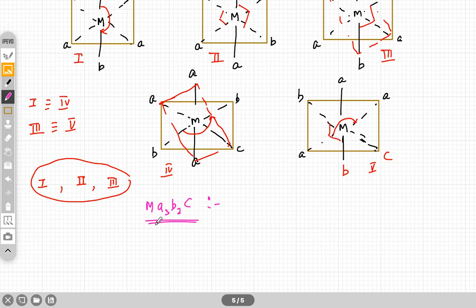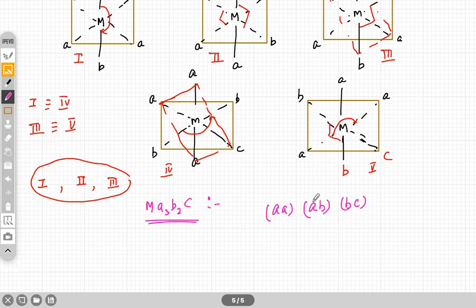How can we form three groups in pairs? We can write both A together, then one A with one B, and the other B with C. This is one group we get.